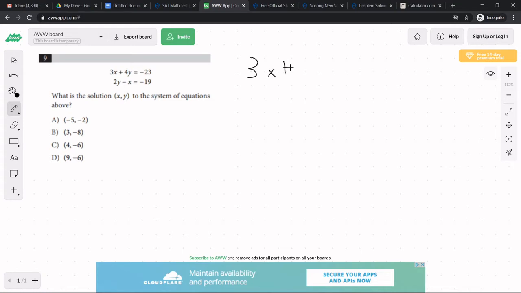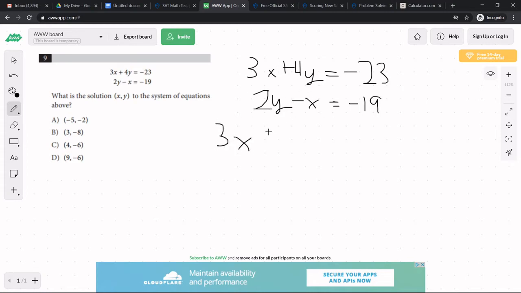3x plus 4y equals negative 23. 2y minus x equals negative 19. And now we're going to multiply the second part by 2. Again, we want to do the whole subtraction thing. We could go for substitution like we did in the last one, but I think subtraction is easier.